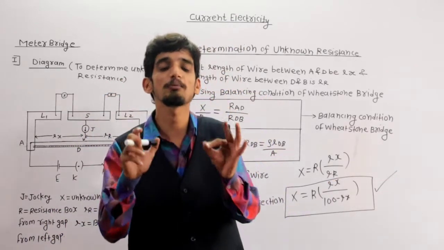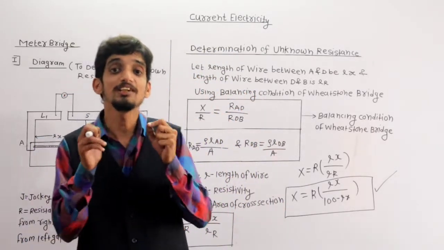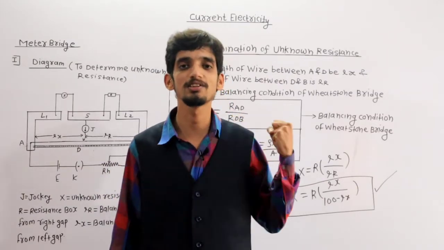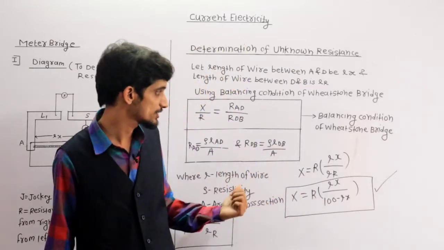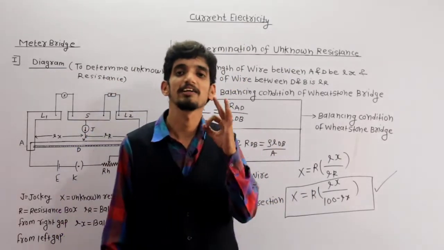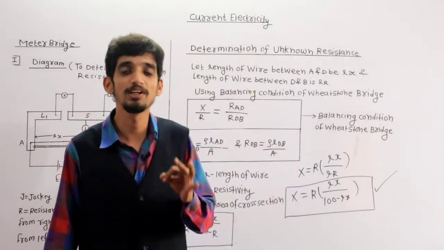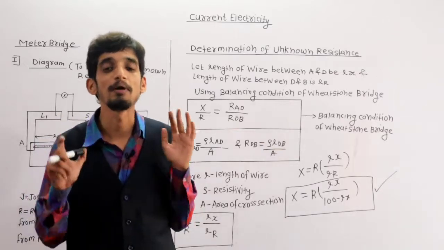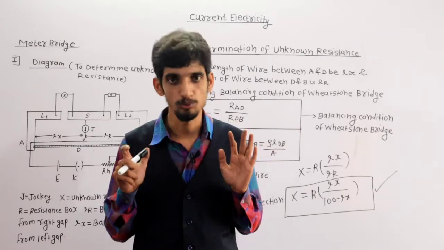In this way you can determine the unknown resistance. Clear? If you observe, this length is very crucial in this derivation. As length changes, resistance also changes. So this is the determination of unknown resistance using the meter bridge experiment, and this is a very important point from the exam point of view.